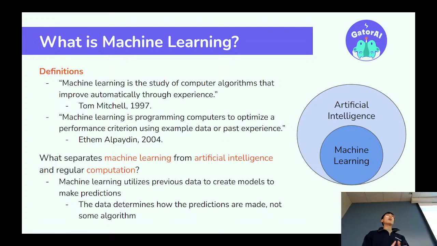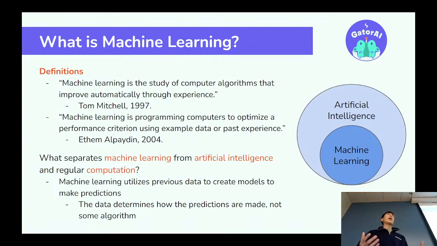And what really separates machine learning from artificial intelligence, and also from what is considered to just be regular computation, is that machine learning is really a set of algorithms that uses previous data to make predictions or make decisions, right? So the data determines how the predictions are made, not just the input to your algorithm. In a machine learning algorithm, the previous data you have fed the algorithm, as well as the input, determine what kind of output you get.